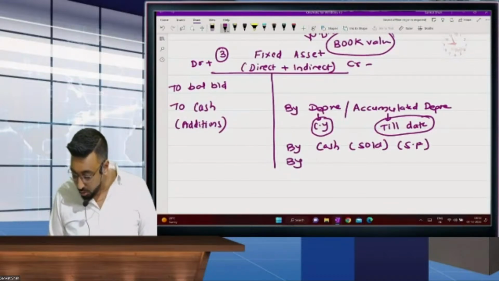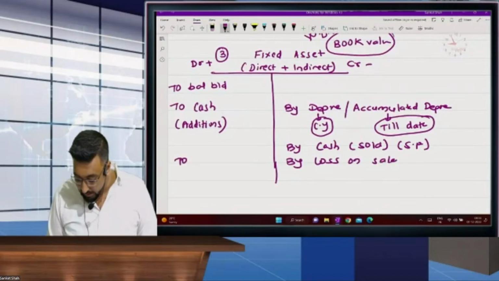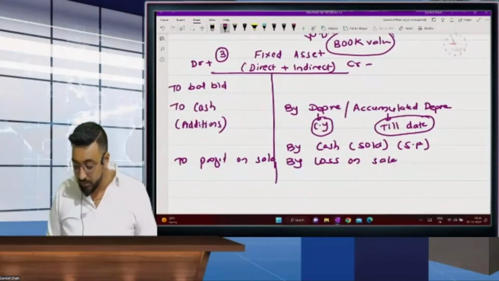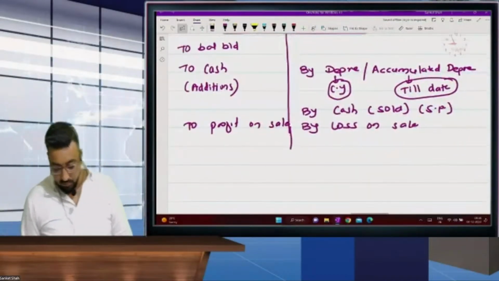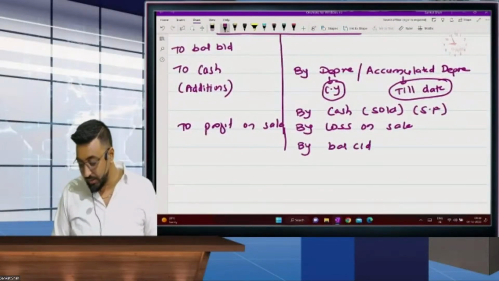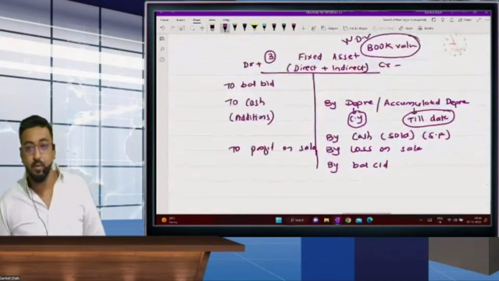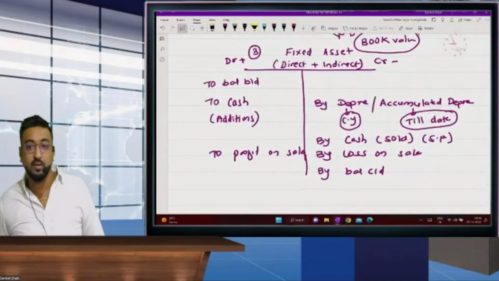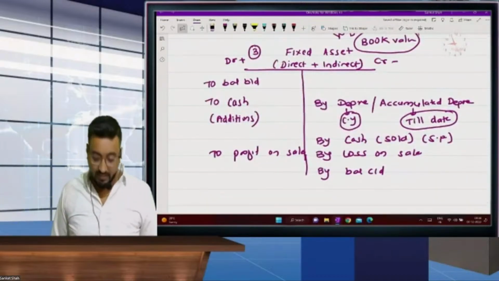And if you sold asset, it might be in loss on sale on credit side, and to profit on sale, you will write it on the debit side of fixed asset. By balance carried down. So this is a pro forma, third pro forma of fixed asset.